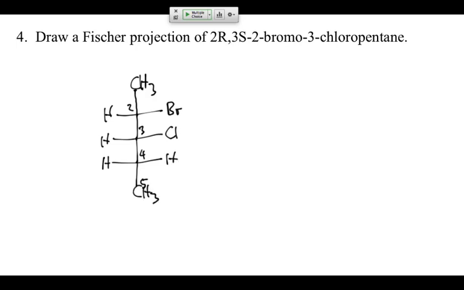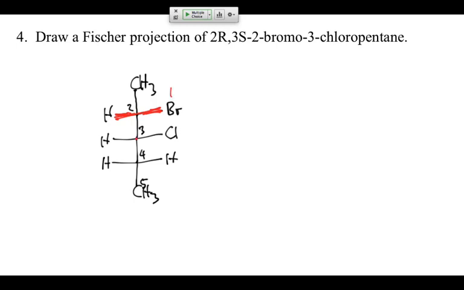Okay, so now, the question is is it R or S on the first carbon there, on carbon 2? And you can look at it so that the priorities are, the bromine is coming forward, the H is coming forward, all right? And so bromine is priority 1.